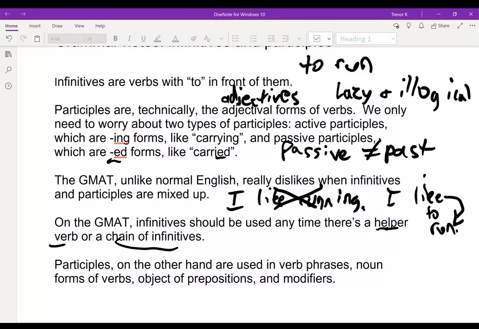Participles are used more broadly. Participles are used in verb phrases, right? Like I am running. So, it's present progressive. That's saying I'm currently in the process of it. Noun forms of verbs, like running is my favorite sport.